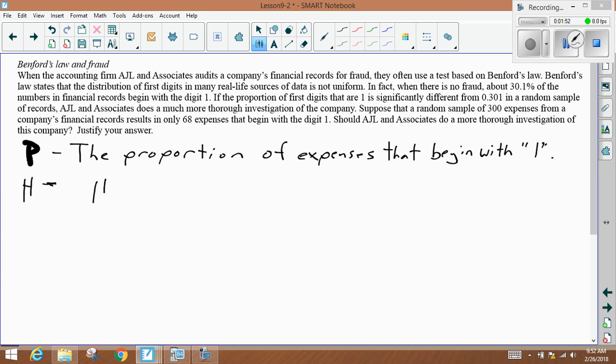Yeah, that's right, exactly. So my null hypothesis is going to be that P is equal to 0.301.